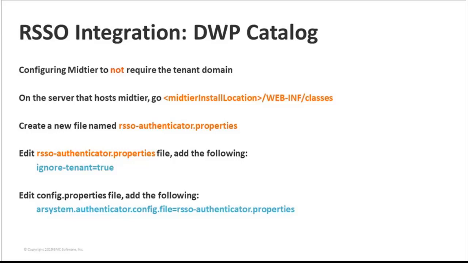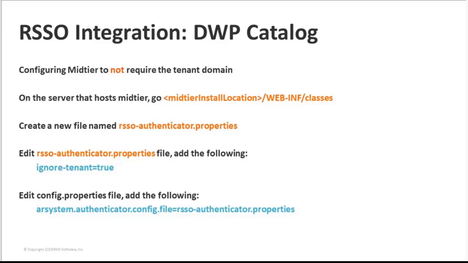But when we include a tenant, the user names are appended with @ and the domain name, which is not what you want for Midtier, because Midtier doesn't recognize users like that in the normal Midtier and AR server integration. So in which case you have to ignore the tenant, which means you have to configure Midtier with ignore tenant equal to true, and this value has to be put into a file named RSSO authenticator.properties.